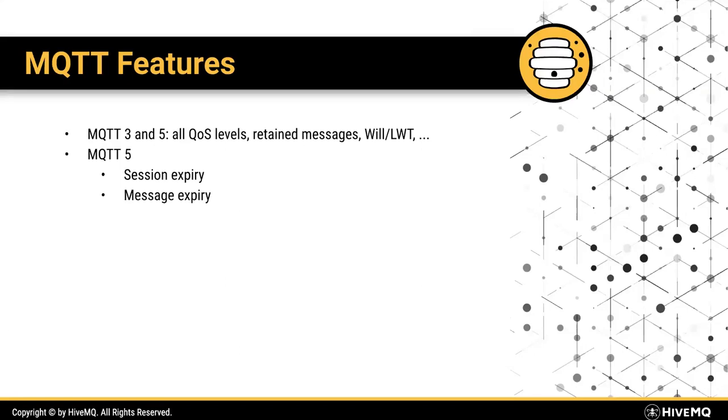Message expiry is also a new feature. If you want to expire messages that are not as important, you can say, if this message isn't delivered in 2 minutes, then please expire the message, because we have new messages that are more important. A big feature of the MQTT 5 specification is flow control.